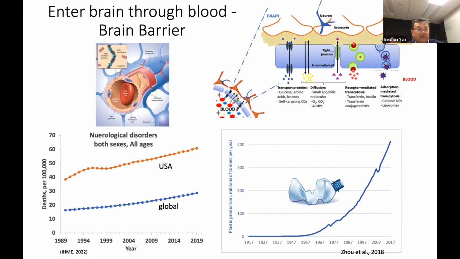This barrier has tiny junctions of epithelial cells, so particles have to pass through it before getting to brain cells like neurons and astrocytes. There can be active or passive transport from the blood to the brain side.